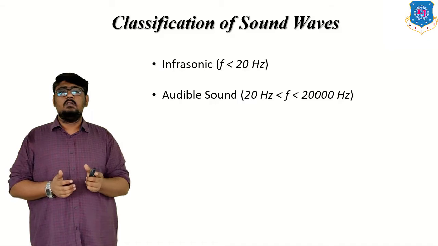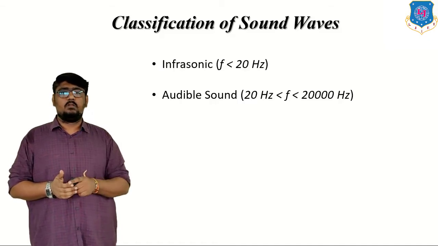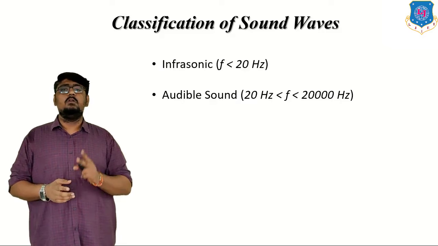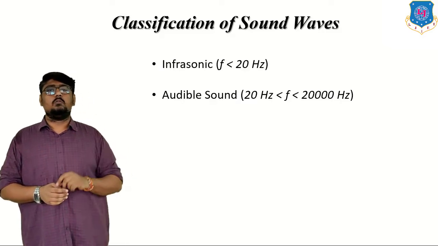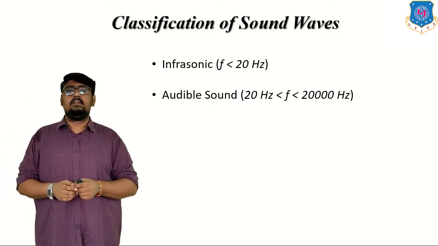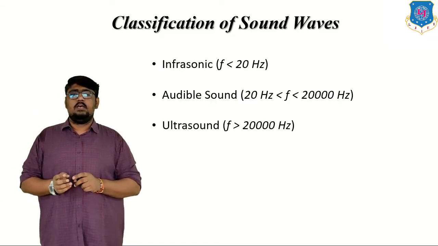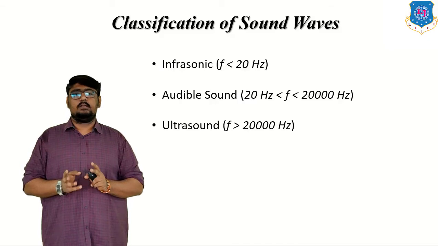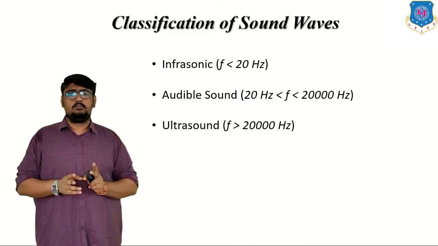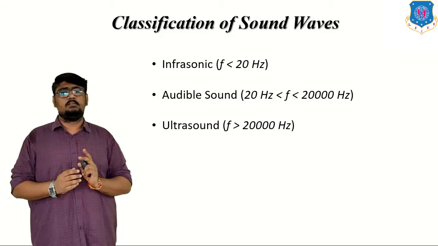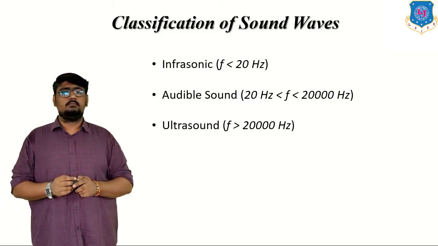This is the only sound which a human ear is capable of hearing. Audible sound has a frequency ranging from 20 Hz to 20 kHz, or 20,000 Hz. Whereas ultrasound has a frequency greater than 20 kHz. So the sound which has a frequency greater than 20 kHz is the ultrasound.